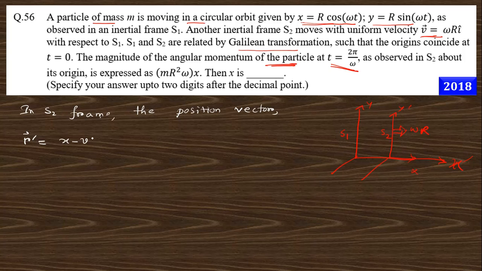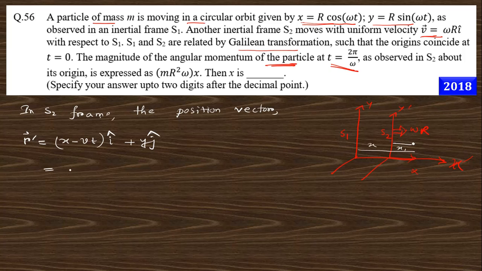So (x minus vt) i cap is the position vector, and y j cap. We take this as two dimensional, there is no z dimension. Just consider that point, this is the x prime and this is the x. So x prime is nothing but x minus vt, right? x prime is nothing but x minus vt.